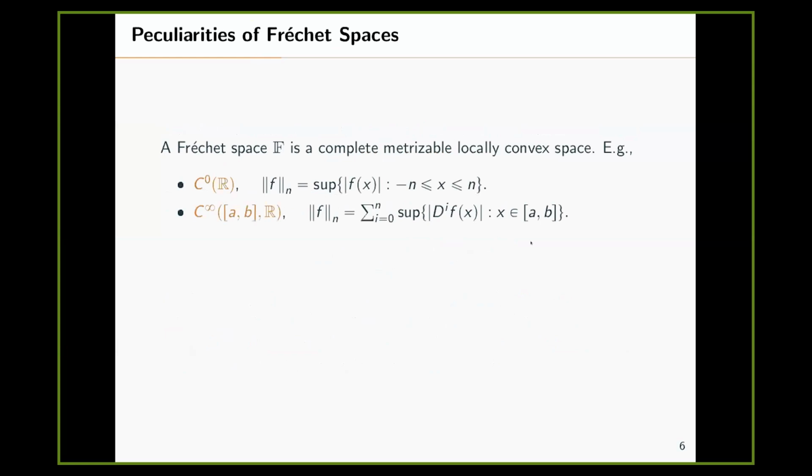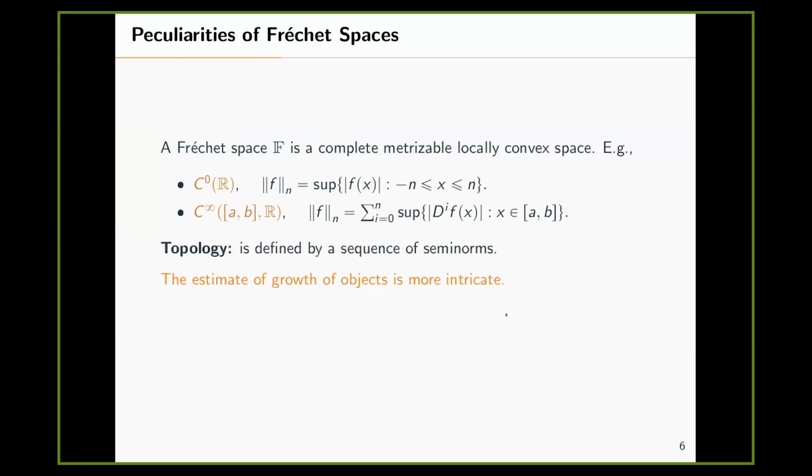Also, to have a better understanding about working in Fréchet spaces, I should mention some distinct characteristics of these spaces that influence our work. As Fréchet spaces are complete metrizable locally convex spaces, the topology is defined by a sequence of seminorms.